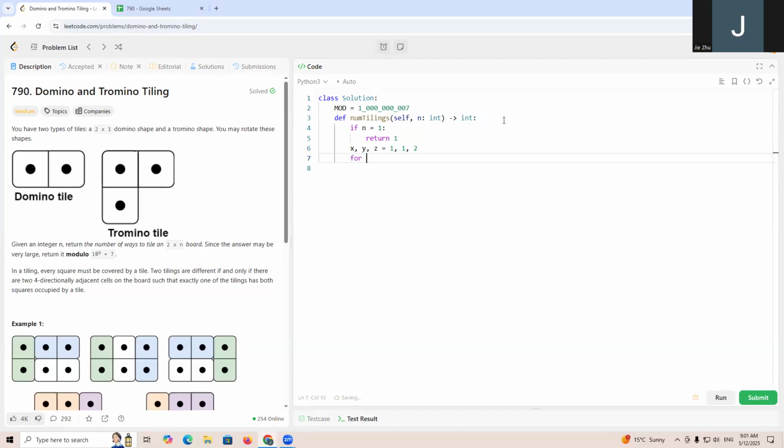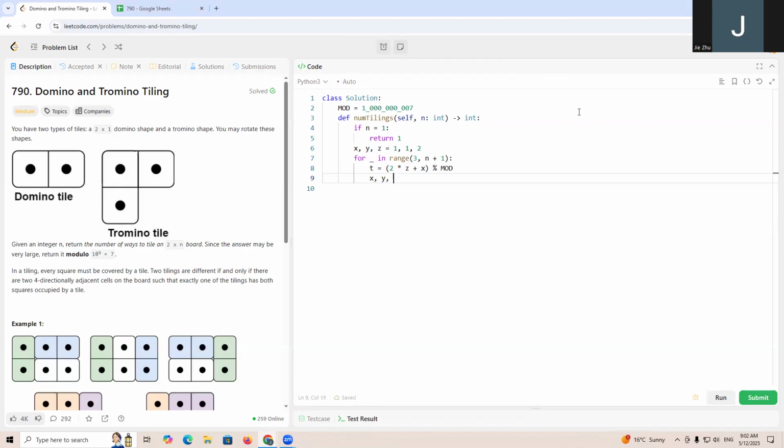For this one in range 3 to n plus 1, we have t equals z plus 2z plus x, and mod. Then we have x, y, z equals y, z, t.